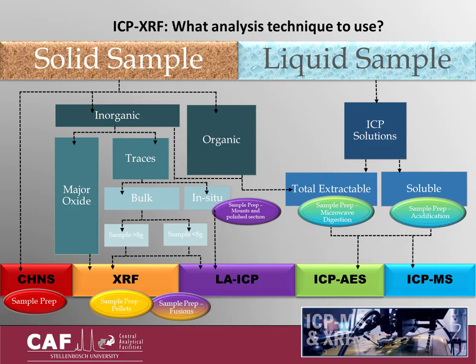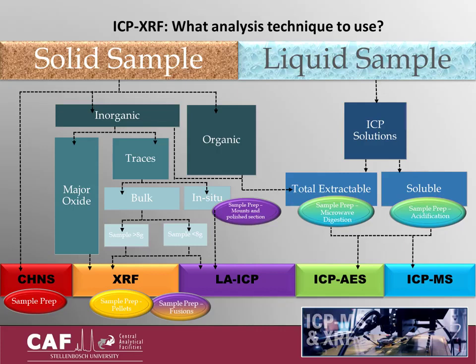For bulk traces, depending on the amount of sample you have, you will either do XRF analysis when you have more than 8 grams of sample, or you can do laser ablation ICP after fusion of the sample. When you need to do in situ trace elements, in other words the sample features remain intact, your choice will be laser ablation ICP.